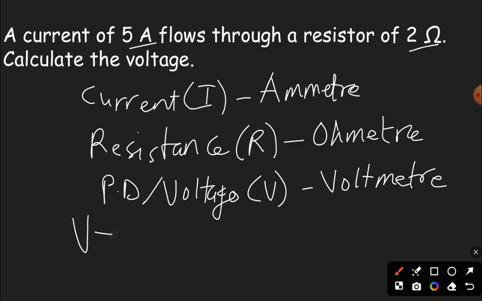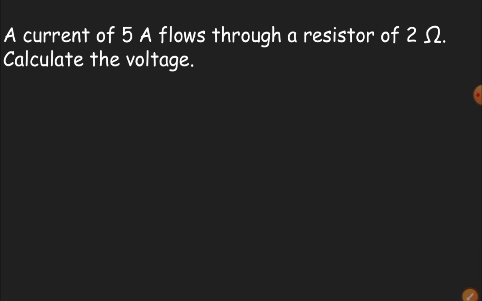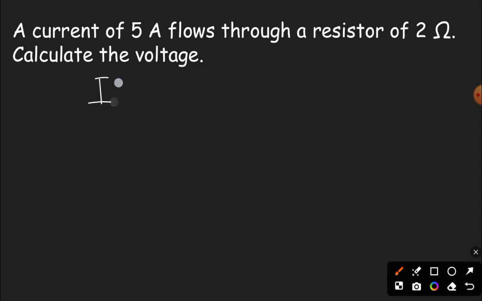Potential difference equals current times resistance. And we can also have power in there. Power equals current times potential difference.